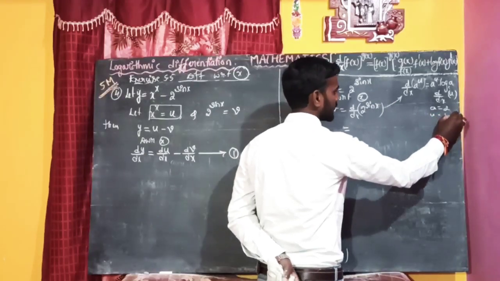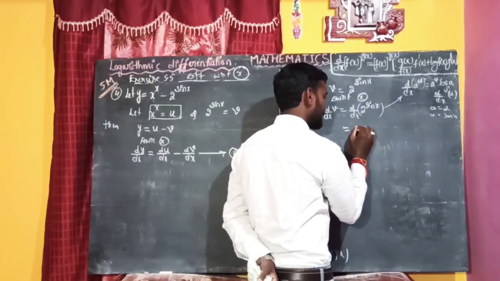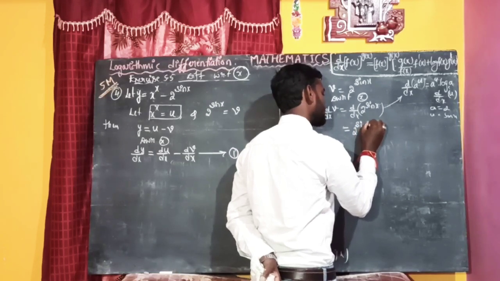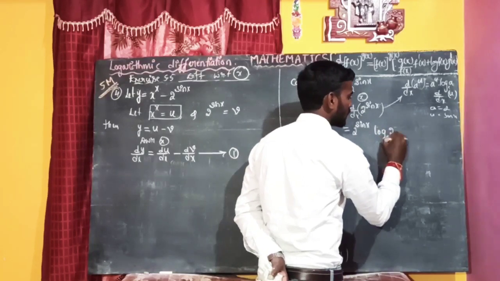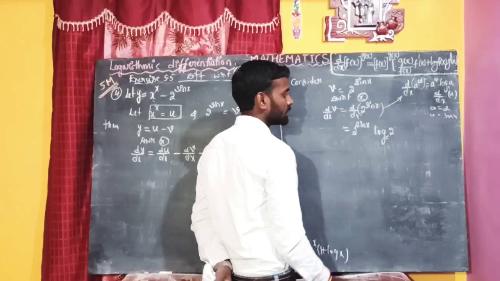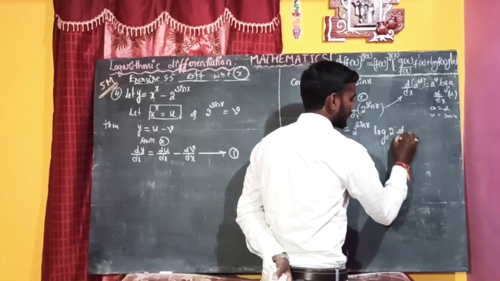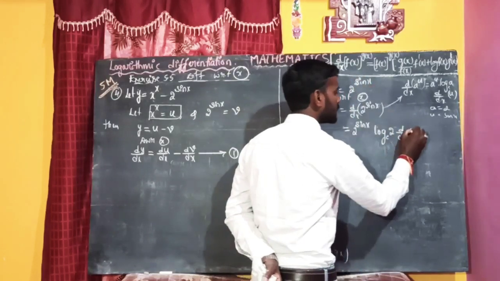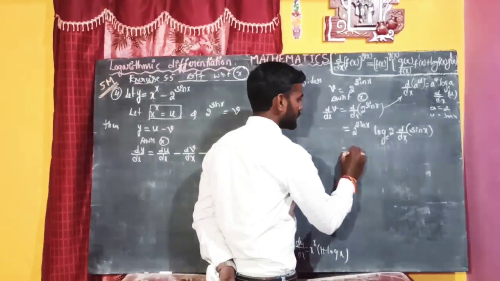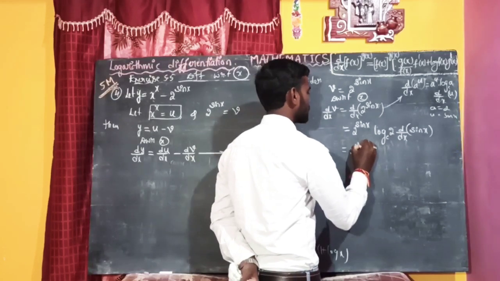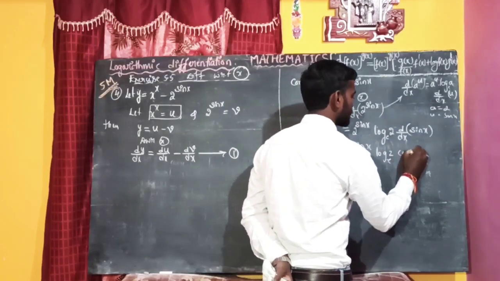So this is 2 power sin x into log 2 into d by dx of sin x, that's equal to 2 to the power of sin x into log 2 for the base e. Here sin x derivative is cos x.